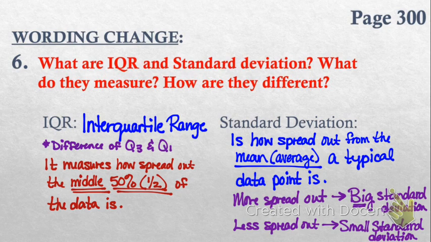A lot of times we'll talk about standard deviation when we talk about normal curves or bell-shaped curves. Have you guys ever seen a bell-shaped curve? You're gonna laugh at my art skills here, but it looks something like this. Does that look familiar at all?